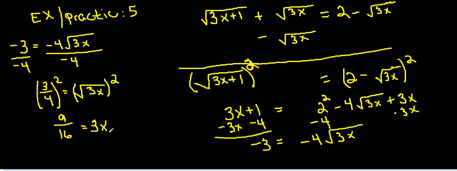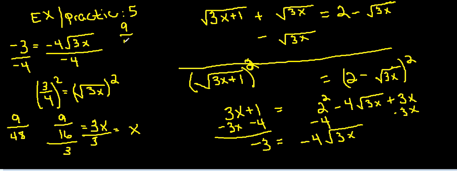And now simply divide by 3. Okay, so I end up with x equals 9 over what? 48. 9 over 48.